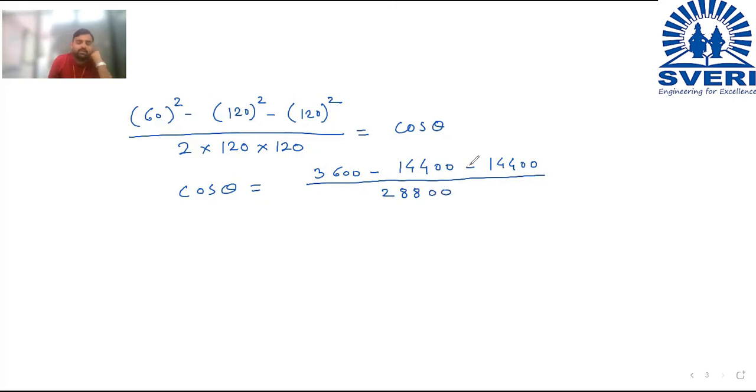Oral calculation is there, a calculator is also not required. So now therefore cos of theta is equal to... do the calculation now. Calculator is there with you. Do it and let me know the value.